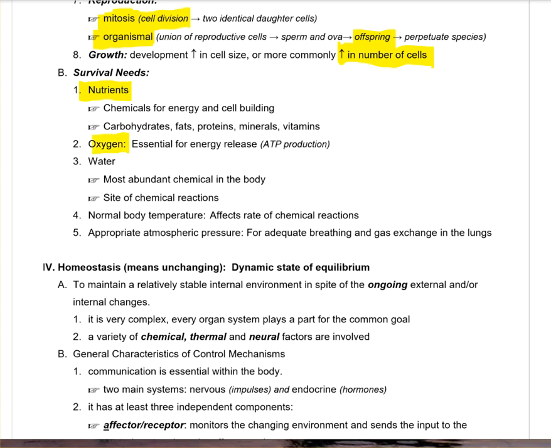And you're also aware we need oxygen because it's going to be part of our aerobic respiration that you learned about in intro biology. And then you also know about water. Water is used in a lot of chemical reactions, so we need to have water available, and it also dissolves a lot of the molecules that we're using.